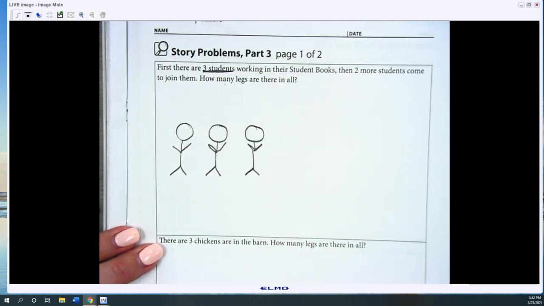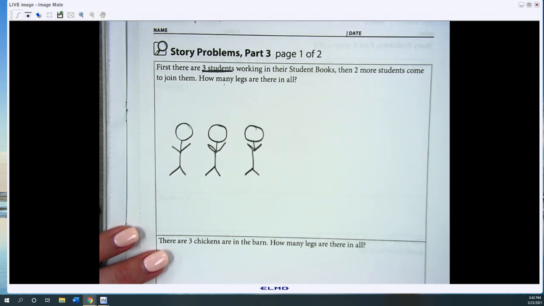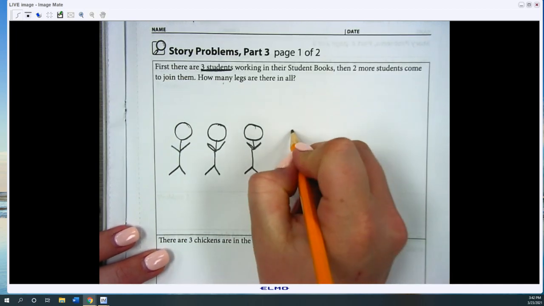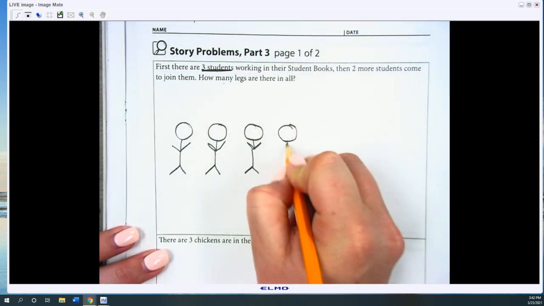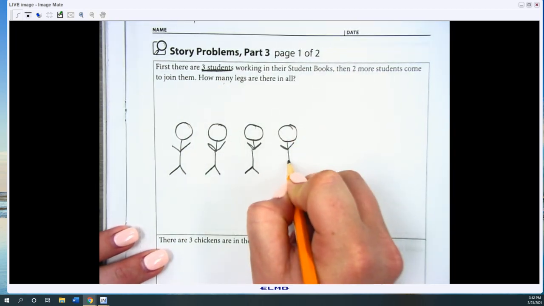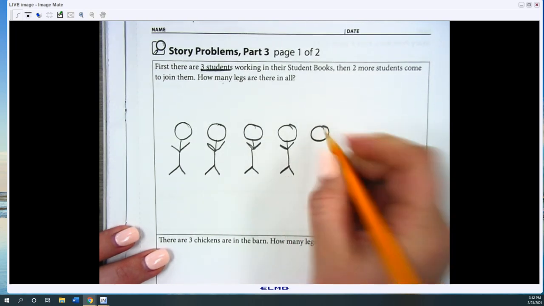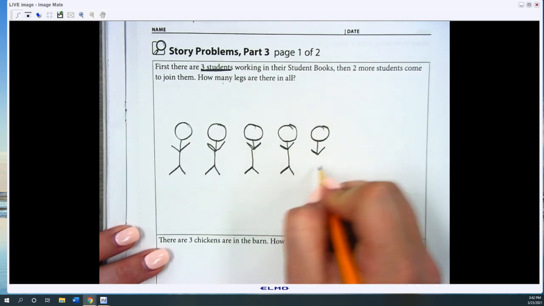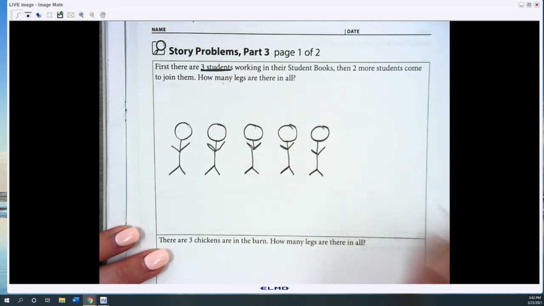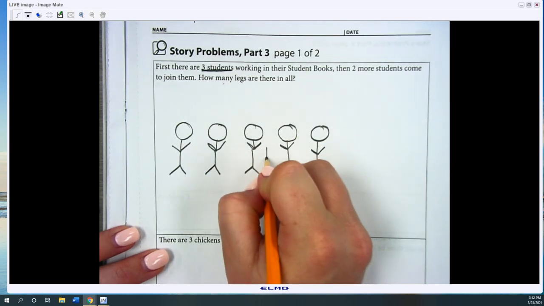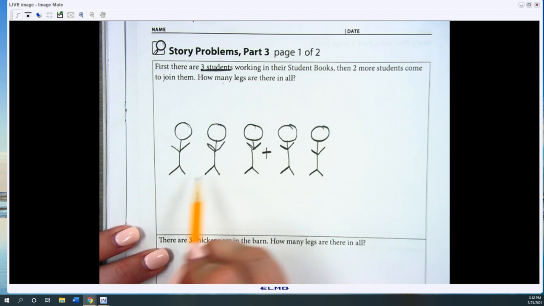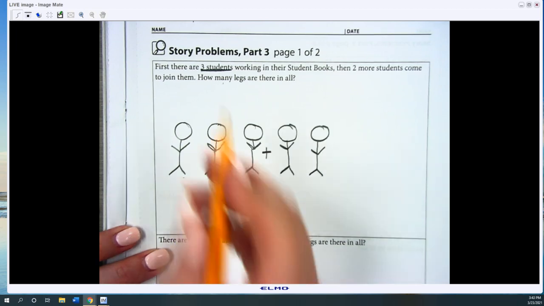Okay, so 3 students are working in their student books. Then 2 more students come to join them. Okay, so I'm going to draw 2 more people because it said 2 more students came to join the other 3. And I'm going to draw a plus because we started with 1, 2, 3.